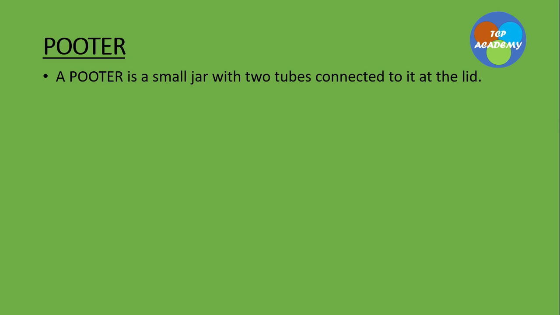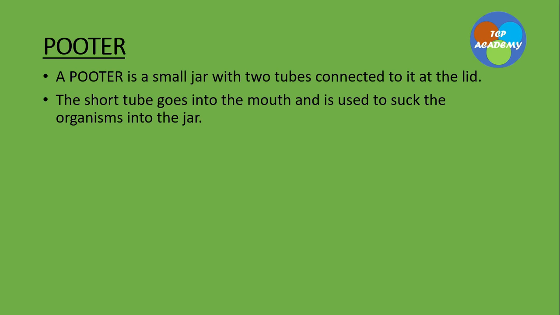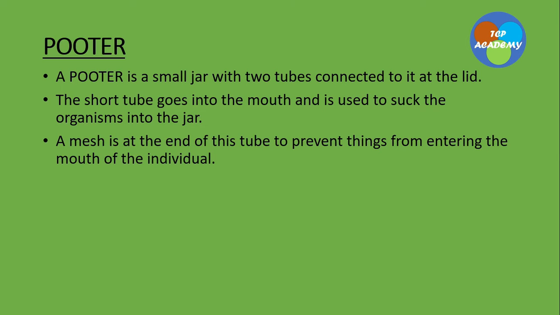A Pooter is simply a jar with two tubes connected to the lid. The shorter tube, of course, goes into the mouth and it is used to suck the organism into the jar. A mesh is at the end of this tube to prevent things from entering the mouth.